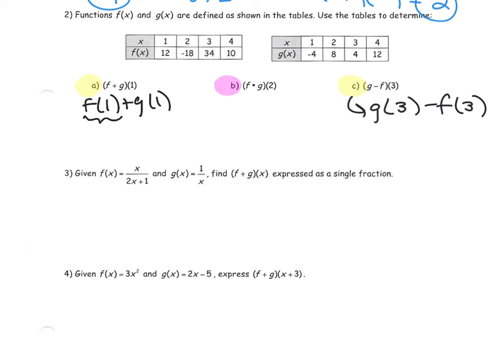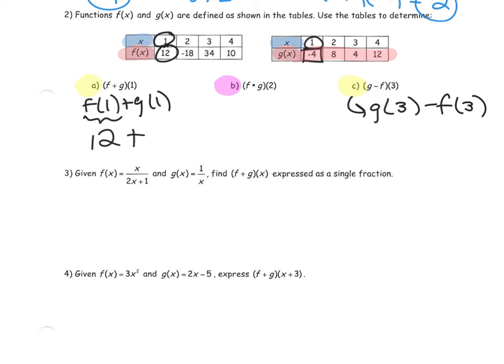Okay, f of 1. When x is 1, my output is 12. That was easy. When x is 1 for g of x, my output is negative 4, right? These are my input values, and these are my output values here. Sorry, I just kind of crossed over this. I'll highlight it. What I have highlighted here in blue are your inputs, and in red, those are your outputs.